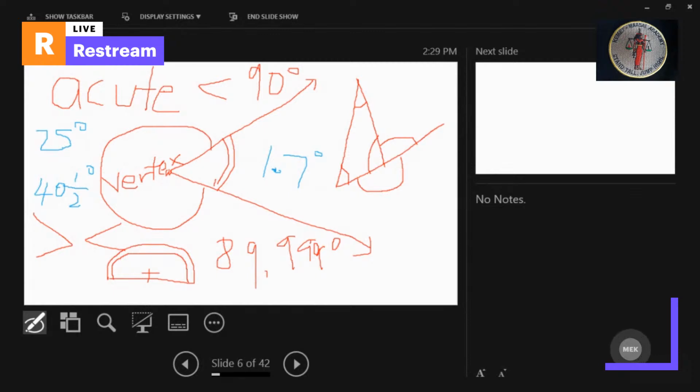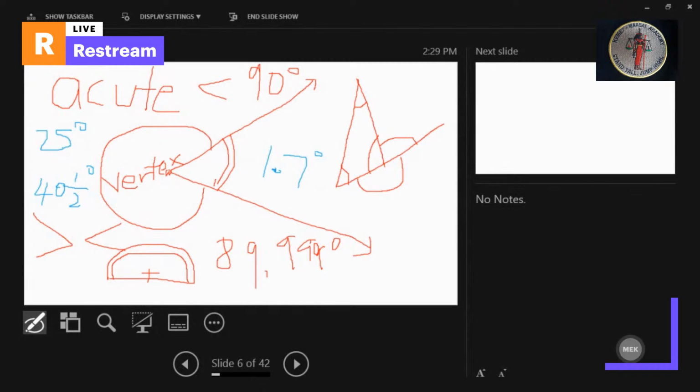If you want to jot down your notes, you would say an acute angle is an angle that measures less than 90 degrees. Let us go now to the other type of angle, and we're doing them in order of size. The acute angle is the smallest.